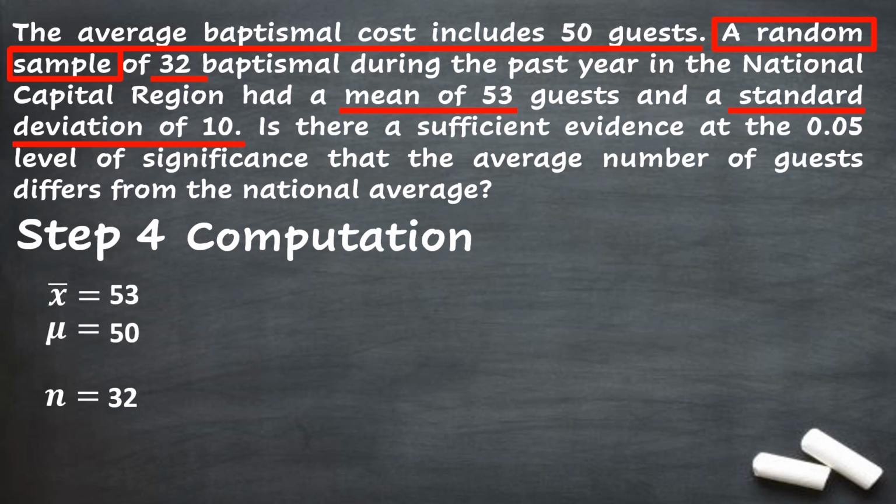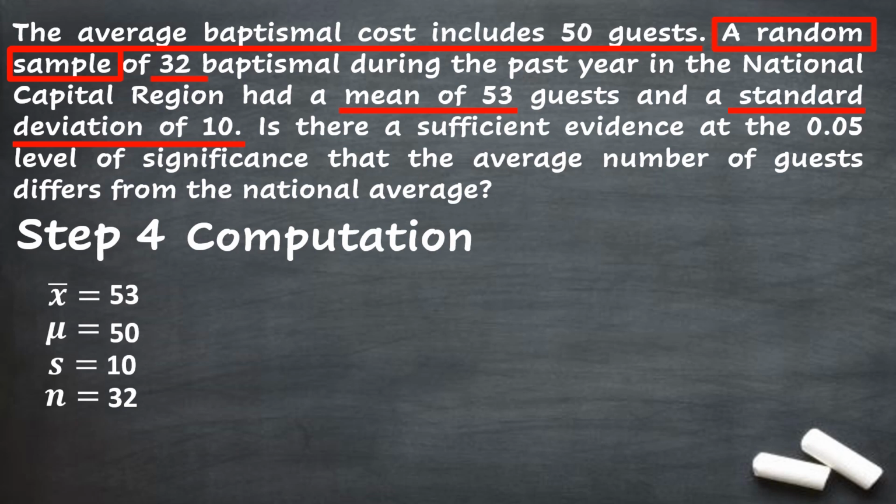And since this phrase is still under the sentence where they explain the values for the random sample, meaning to say the standard deviation is the sample standard deviation. The values are now complete and we already identified all the numerical values in the given problem. So we can now proceed with the computation.